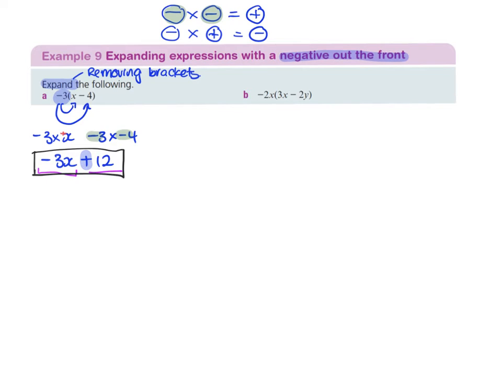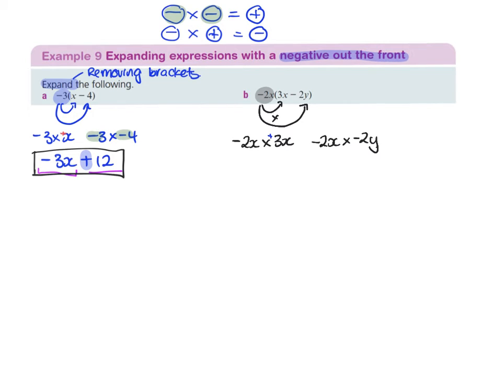Okay, so we've got another one. So we're going to multiply the negative 2x now, and we're going to multiply it with 3x and also negative 2y. So we've got negative 2x multiplying with 3x, and we've got negative 2x multiplying with negative 2y. Okay, so remembering that this is a positive.